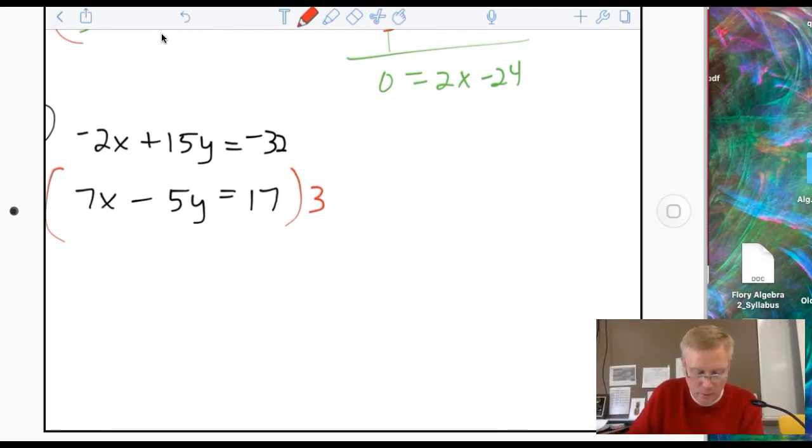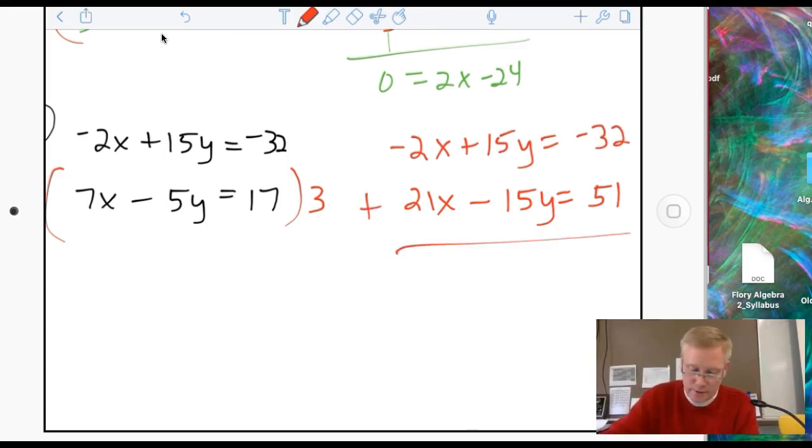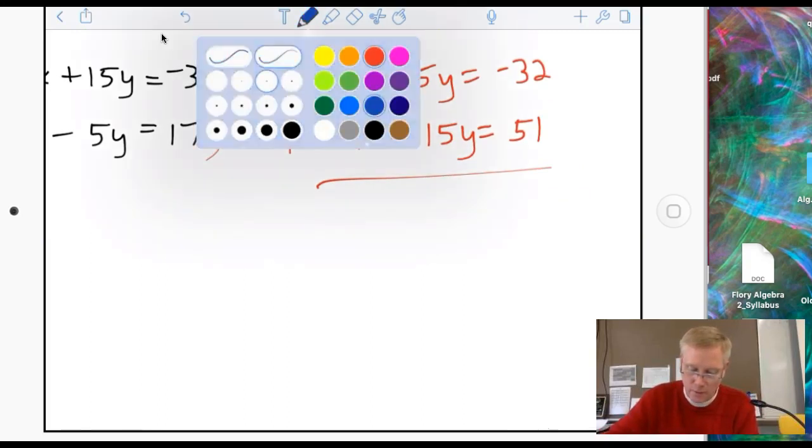So let me rewrite what I get, because you got to multiply everything by 3, not just the 5y. 7x times 3 is 21x. 5y times 3 is 15y, and 17 times 3 is 51. Now I'm going to take the other equation and write it right above it.